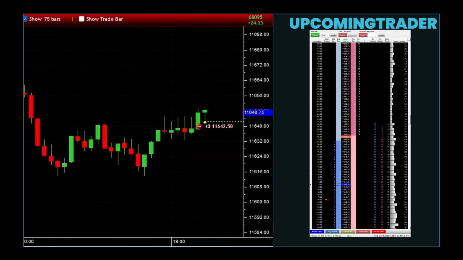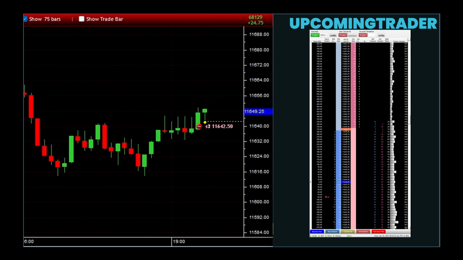Another valuable combination is the use of candlestick patterns alongside the volume profile. For example, if price approaches a high volume node and forms a reversal candlestick pattern, like a hammer or shooting star, it can provide a clear indication of a potential price reaction.